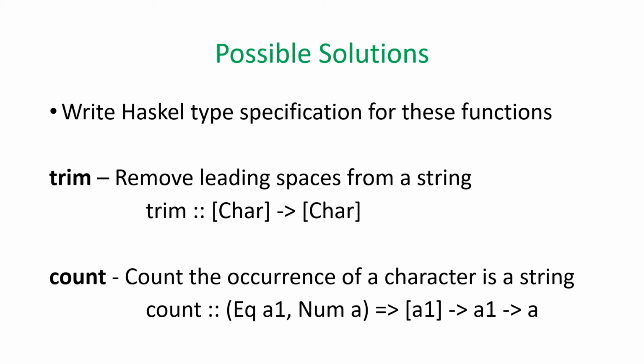Here we go. Trim, which removes the leading spaces from a string, takes a list of characters and returns a list of characters. Now, count takes a list of things with which you can test equality, and returns another value.